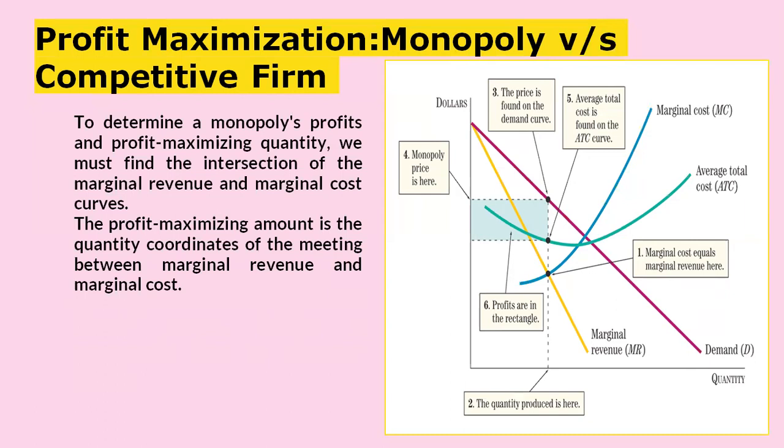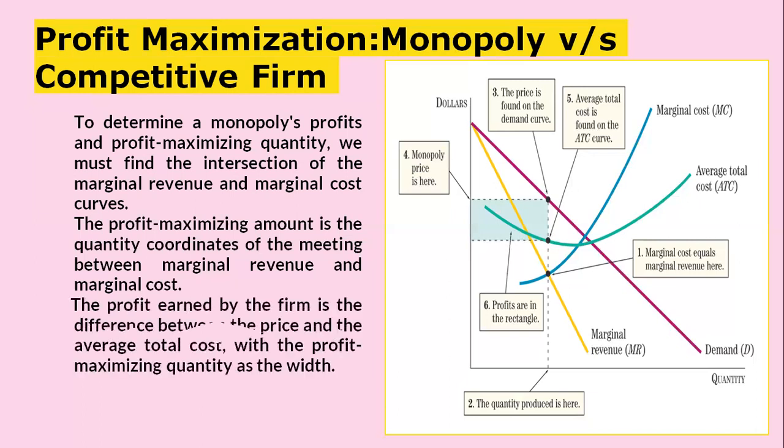The profit maximizing amount is the quantity coordinate of the meeting between marginal revenue and marginal cost. The profit earned by the firm is the difference between the price and the average total cost, with the profit maximizing quantity as the width.